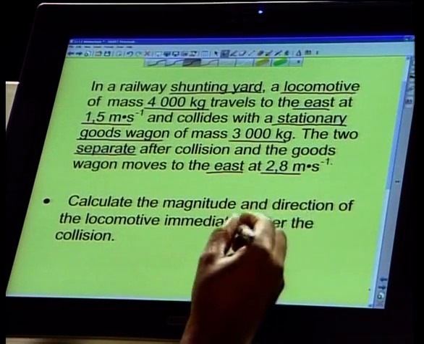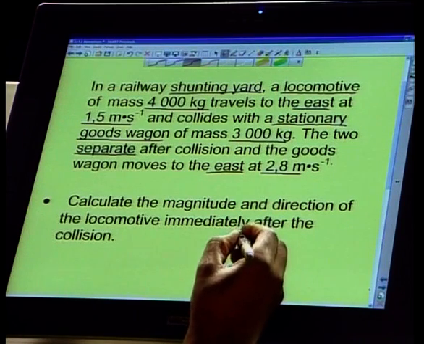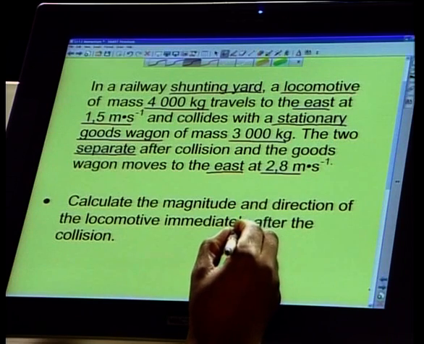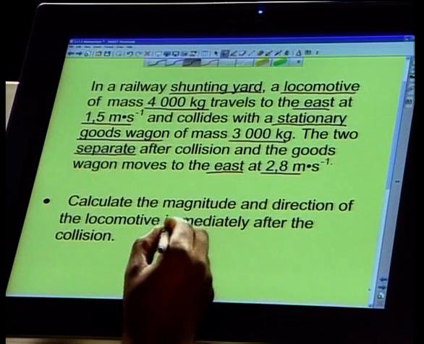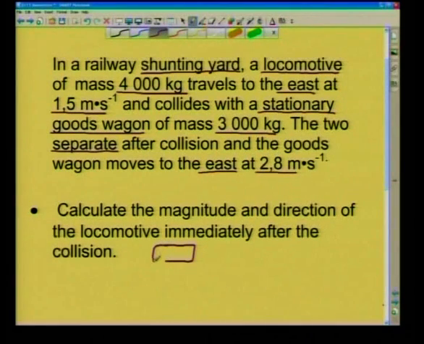We've got two things here. We've got the locomotive. Let me try and draw this. Say this is the locomotive, and it is of mass 4,000 kilograms. It is traveling to the east.